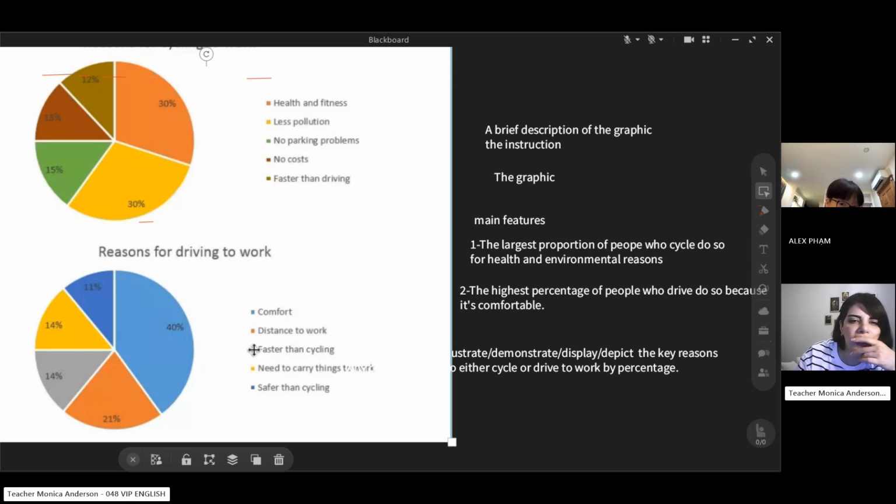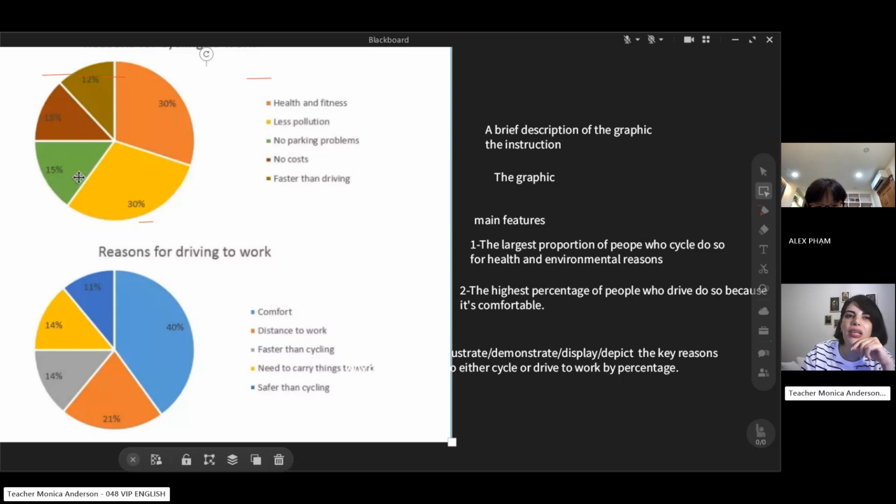And here, comfort, distance to work, faster than cycling. So let's have a look at this area and this area. Do you agree that they're not exactly the same, but we can say that in these two pie charts, maybe they have almost equal proportions of people who chose the method that is the fastest.